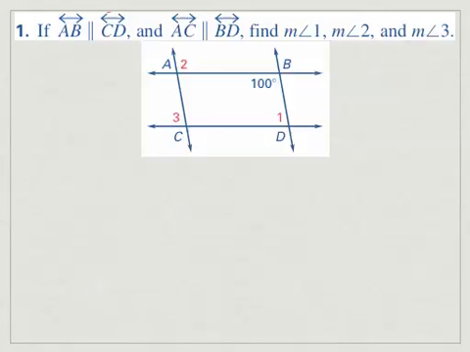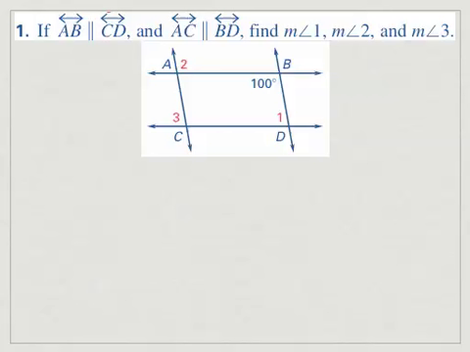The next example says if line AB is parallel to line CD and line AC is parallel to line BD, find the measure of angle 1, the measure of angle 2, and the measure of angle 3. Notice I'm given that angle ABD is 100 degrees. They're asking us to find the measure of angle 1.